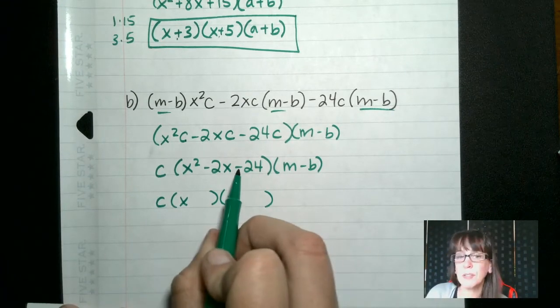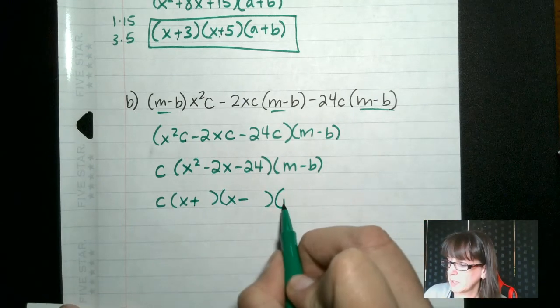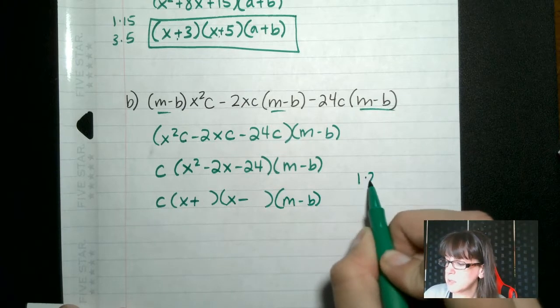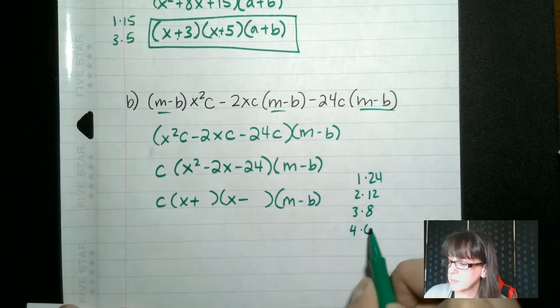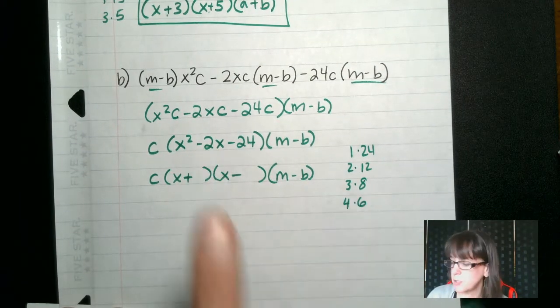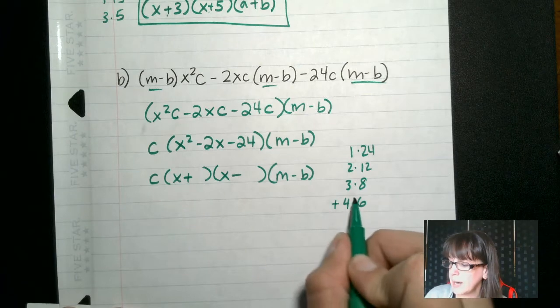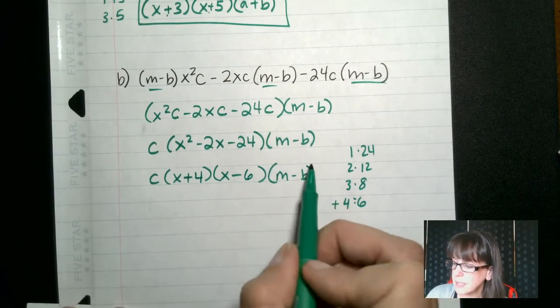This tells me different signs, plus and minus. 1 times 24, 2 times 12, 3 times 8, 4 times 6. I need a positive and a negative that gives me negative 2. If I do positive 4 and negative 6, that gives me negative 2. So positive 4, negative 6, and there you go.